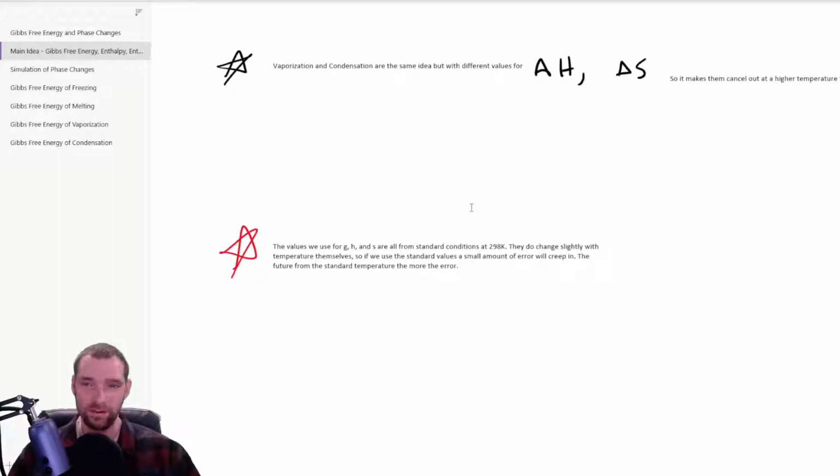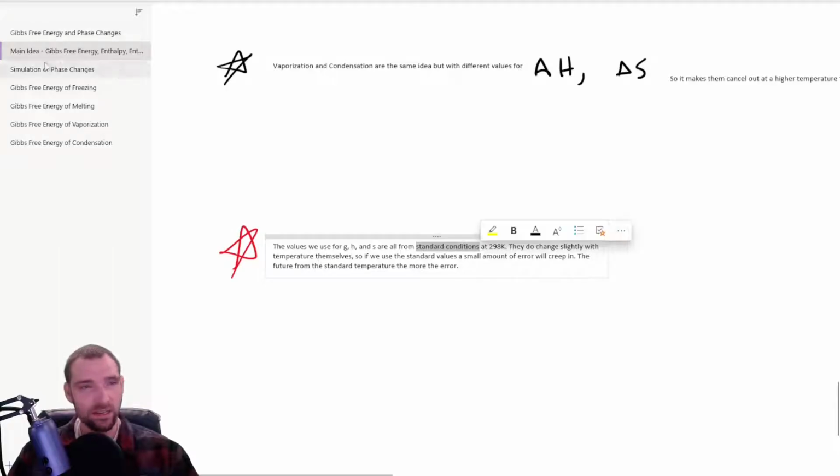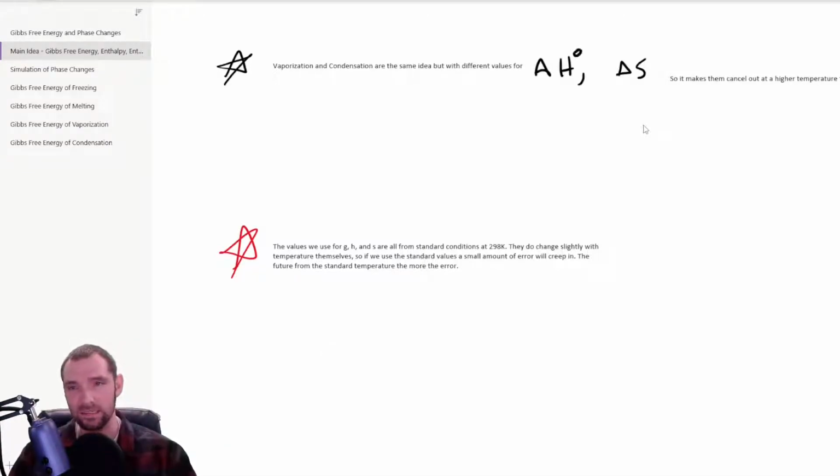But there will be more error the more we vary from those standard conditions. So our calculations, if you look at some of the numbers, will get you close, but not exact. That's because these values do change slightly as you get away from standard conditions. But we usually indicate the standard conditions with that little circle right there. And that's what we're working with when we see those values in a table.